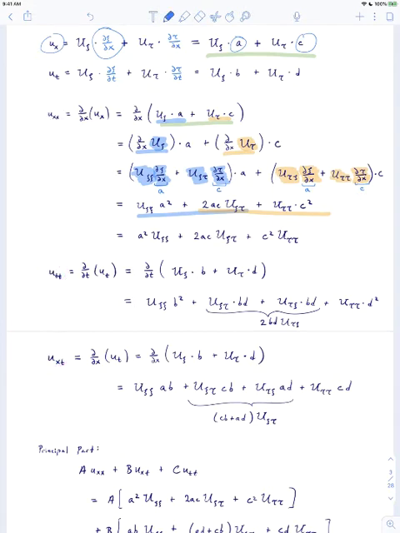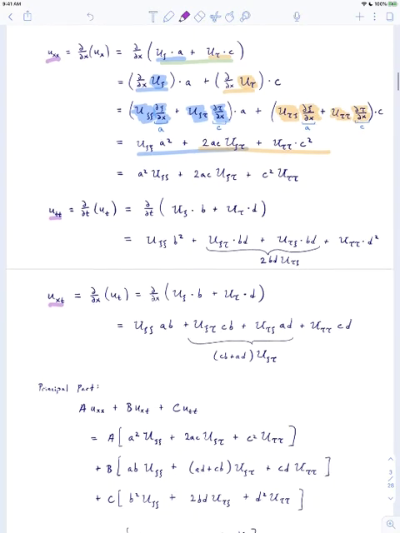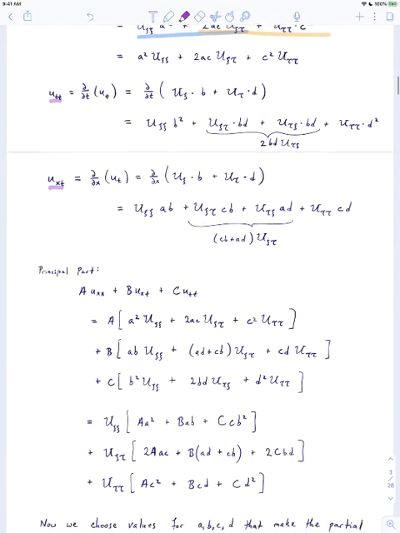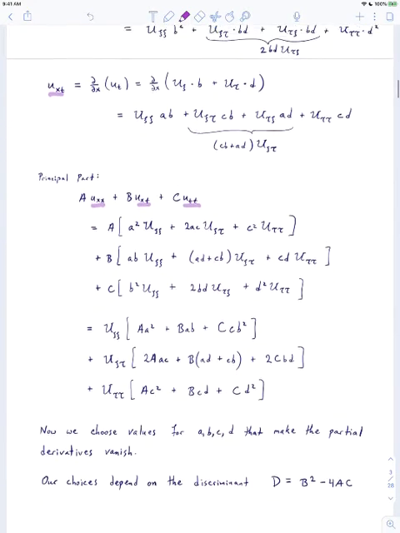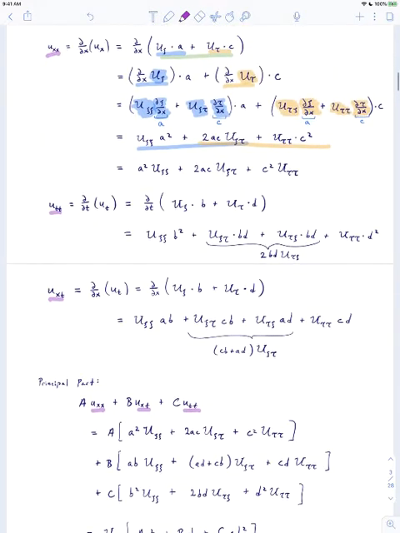Here we have the principal part, which is capital A times lowercase u sub xx plus capital B times lowercase u sub xt plus capital C times lowercase u sub tt. And then we just substitute them in. So u sub xx is this one right here, so that one goes right here.